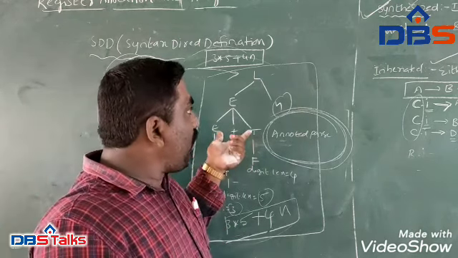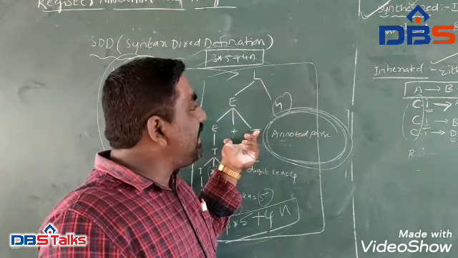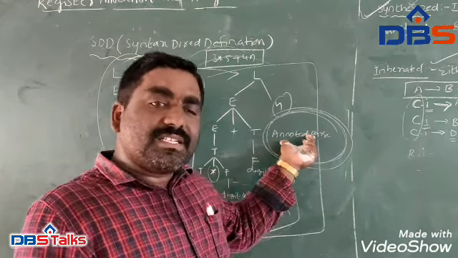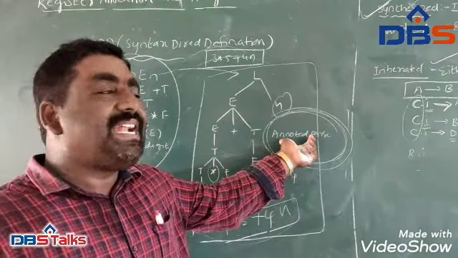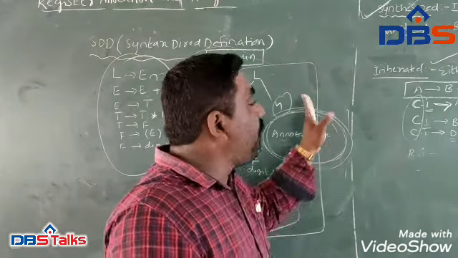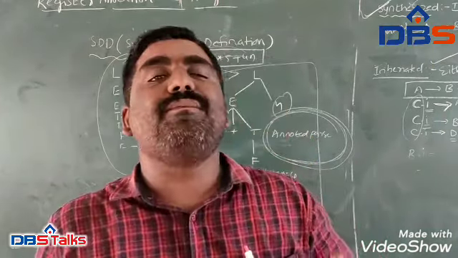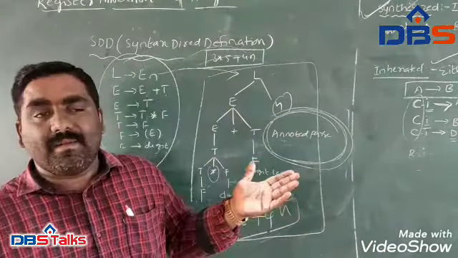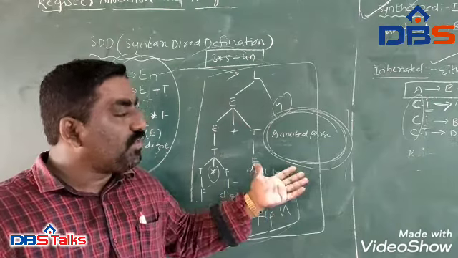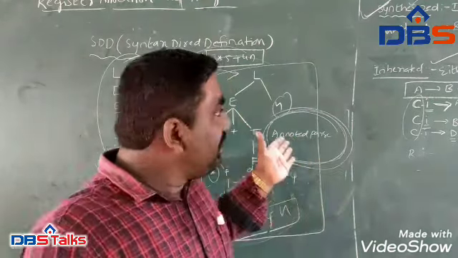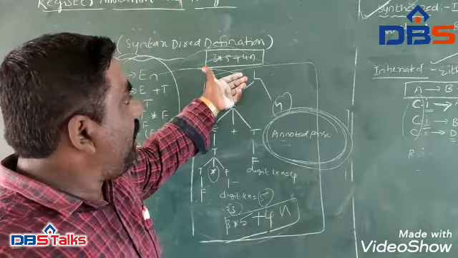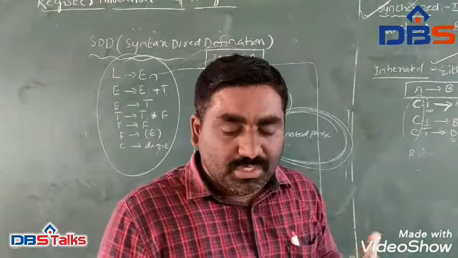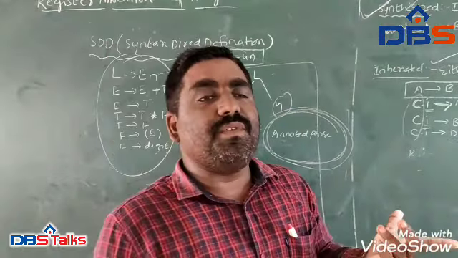If we construct this as an annotated parse tree, we are going to get all leaf nodes as only values. So by using the syntax directed definition, we are going to construct the parse tree. So this is regarding syntax directed definition.